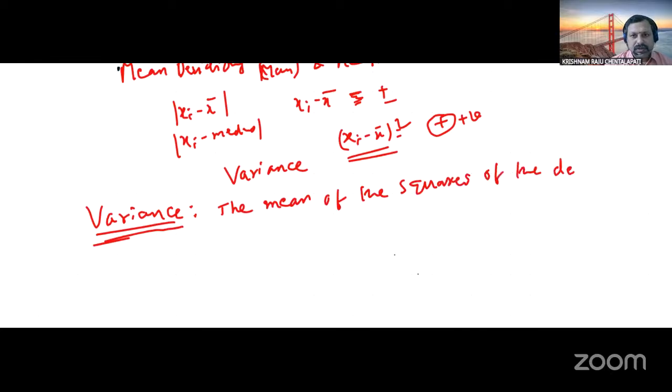Xi minus x bar is the deviation, so you have to square it.